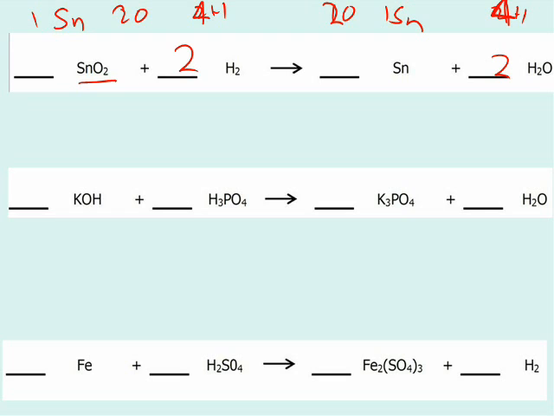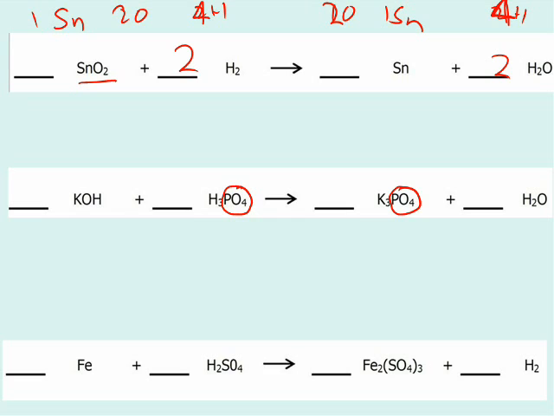Okay, let's try this next one. Now, if you notice, here is a polyatomic. You really have to identify these polyatomics. This is also polyatomic, but there's no OH, hydroxide, on the product side. So we see a PO4 here and a PO4 here.